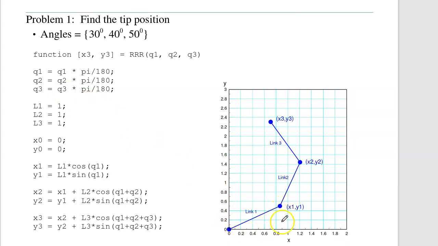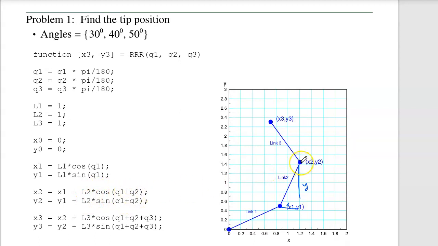The first link is at L1 cosine theta, L1 sine theta. There's your x and y coordinate. The second link is where the first link is plus its x coordinate and its y coordinate. The x coordinate is L cosine theta, y coordinate is L sine theta, and the angle is the total angle, theta 1 plus theta 2.